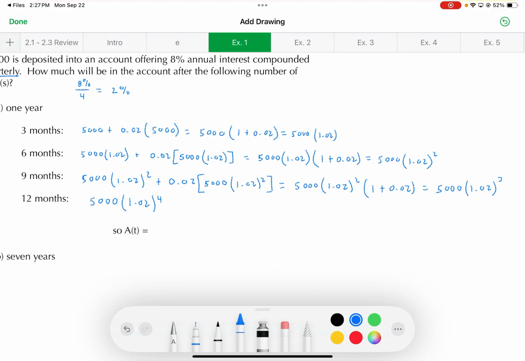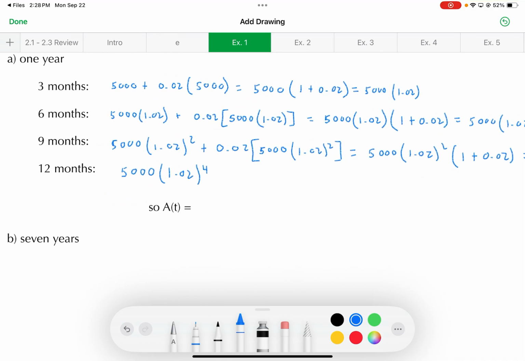So now let's try to generalize this so that it'll work not just for this 1 year, but for multiple years. Okay. So I'm going to build a function A of t. It's going to start with our 5,000. And then here's how I'm going to think of this.